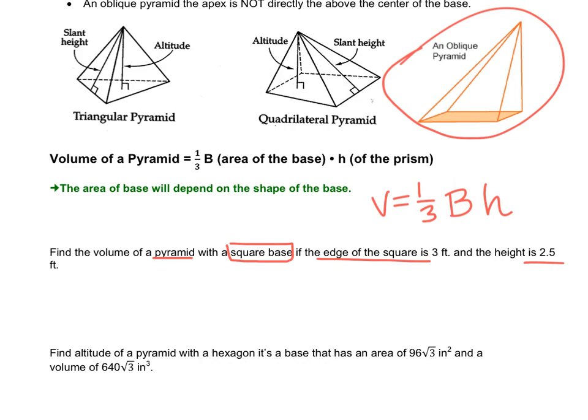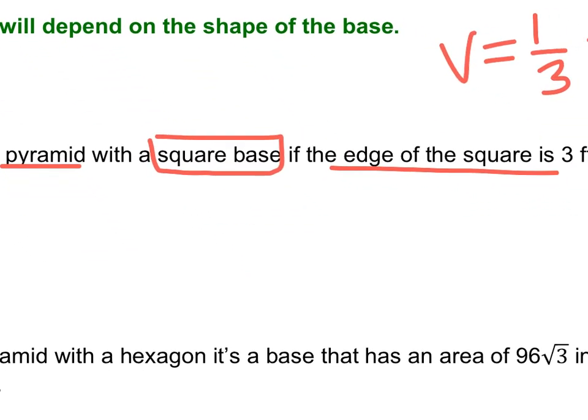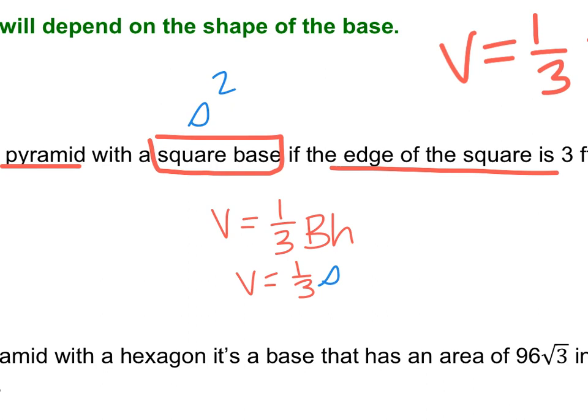So we know our formula is volume equals 1/3 bh. We know our area formula for a square is side squared. So volume equals 1/3 side squared times our height.